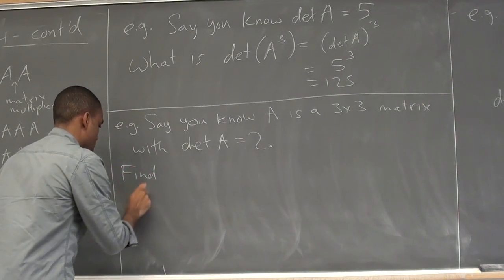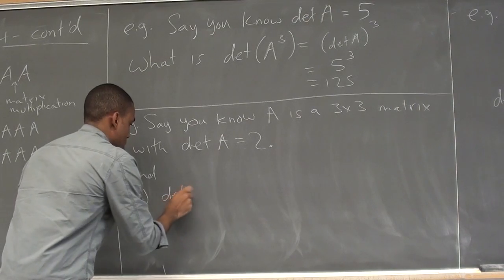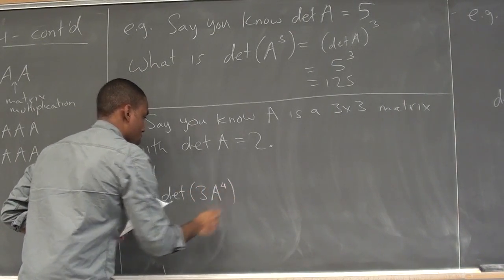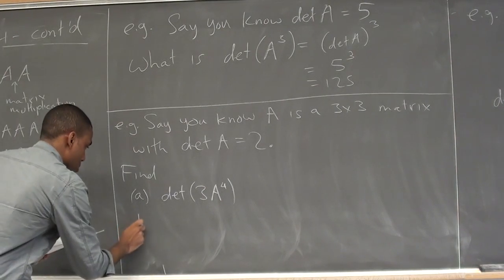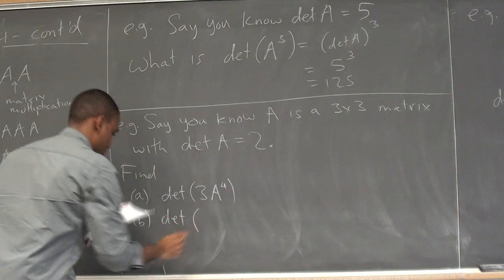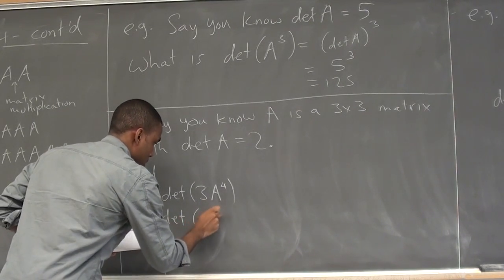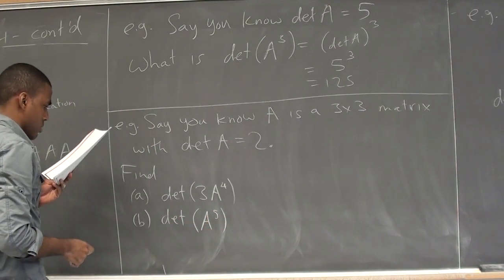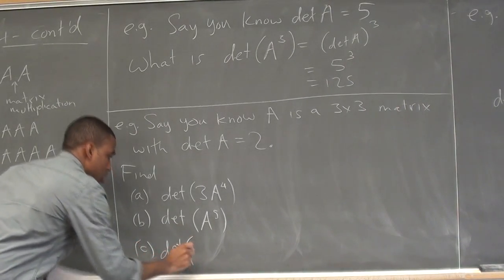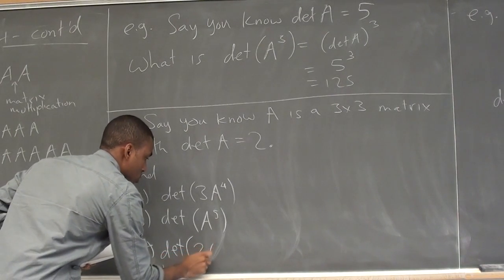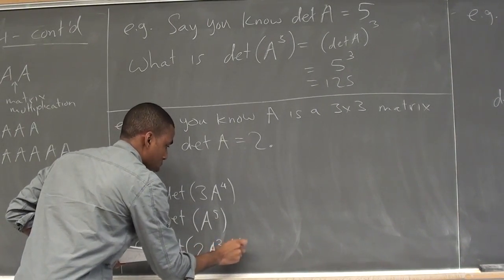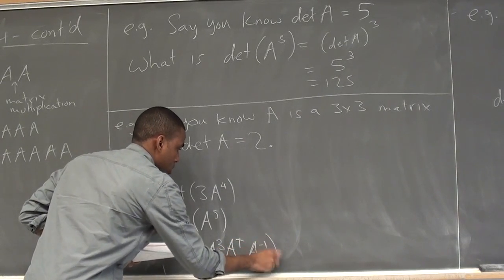Find A, the determinant of 3A to the 4th; B, the determinant of A to the 5th; C, the determinant of 2A cubed; D, A transpose, A inverse.